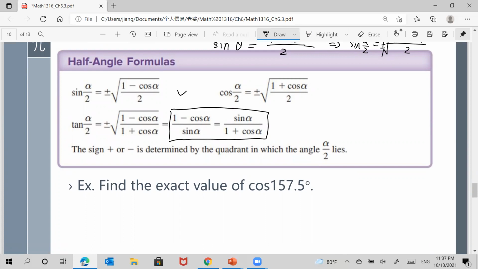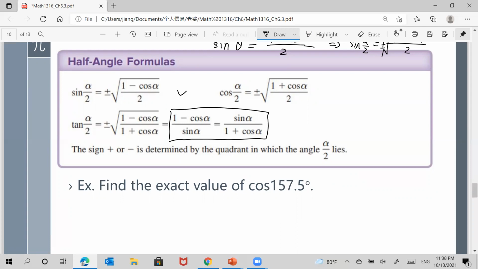So memorize these 2 because we find the first ones easily, using sine over cosine. But these 2 terms we don't use that often. Still, if you see a question with this term, you must know this one equals tangent alpha over 2. And this one also equals tangent alpha over 2.